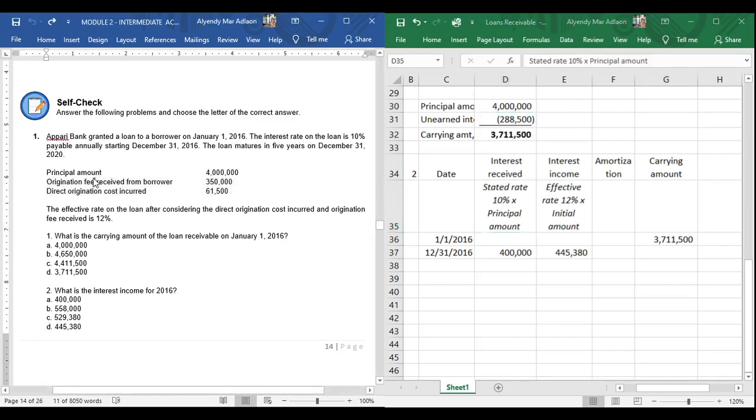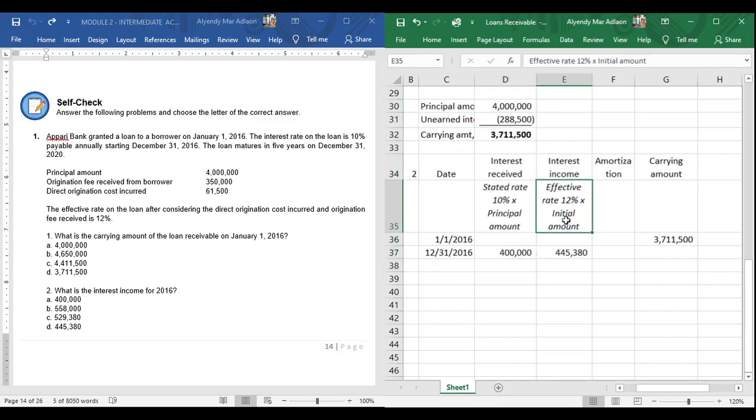They pay an origination fee. They do not get involved in our treatment of the origination fee. In the eyes of the customer, the amount of the loan is 4 million, the interest is 10%, so the interest they pay would of course be based on the 4 million they borrowed.